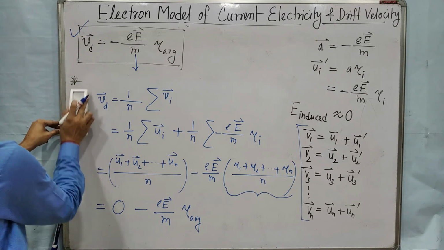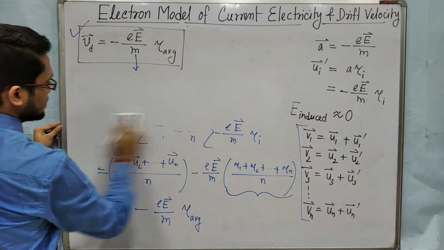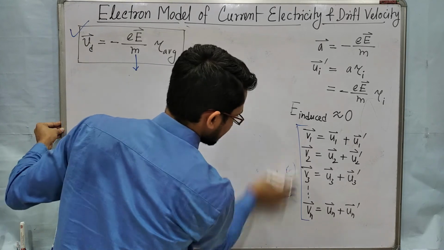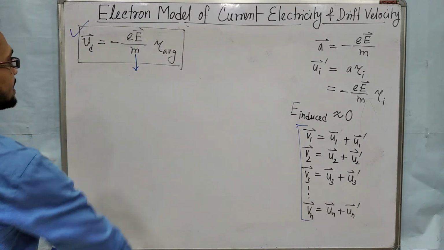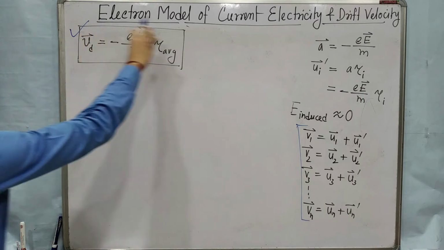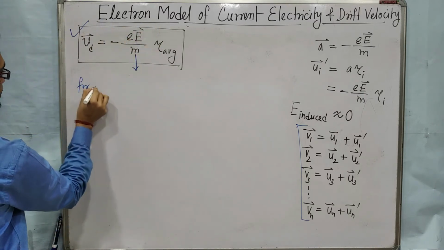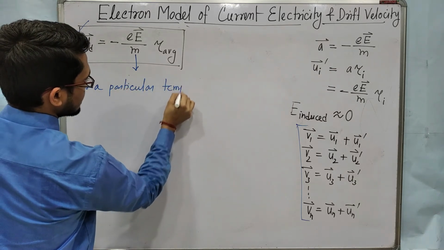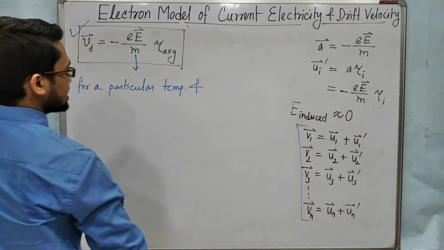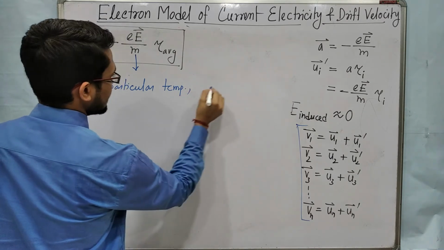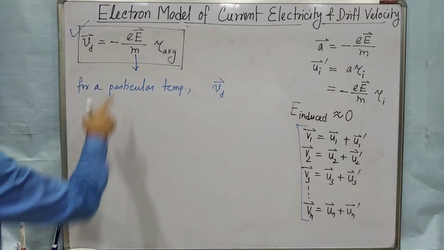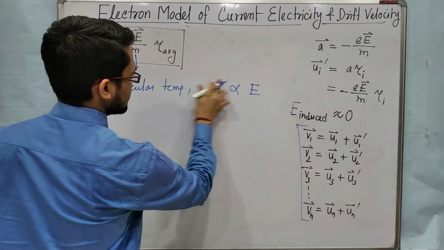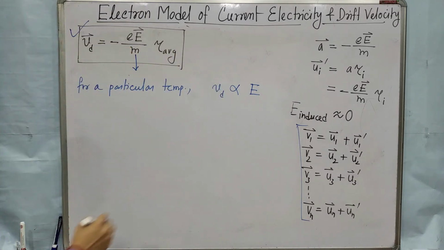Now we will see the relation, whether it is directly proportional or what the relation will be between the drift velocity and the electric field. Now look at this equation. For a particular temperature, the drift velocity Vd is directly proportional to E. The magnitude of drift velocity is directly proportional to the electric field.